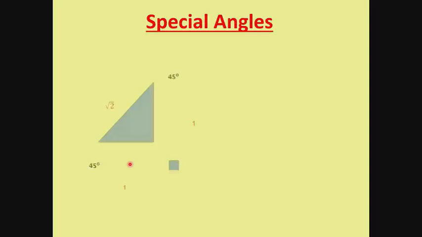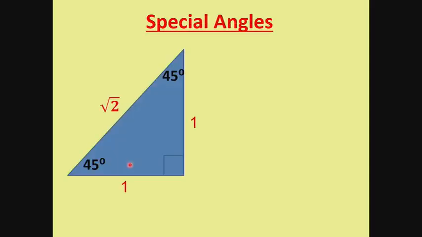Virgil, let's look at this triangle. Then maybe this will help you. I have 45 there, Virgil, and I have 45 there. 1, 1, and square root 2. Okay, Virgil, you can shout, what is my hypotenuse side? That is opposite the 90. So you're going to say, sir, my hypotenuse side is square root 2.